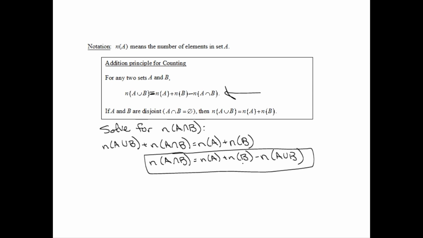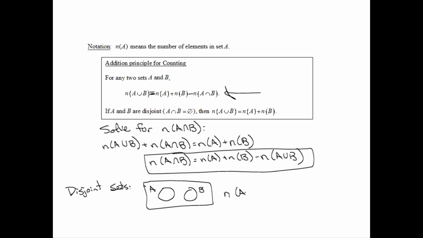Remember, if you have any three of these four quantities, you can use this to solve for the fourth. Also, if A and B are disjoint, meaning they don't overlap, then the number in the union will be obtained just by adding the two of them together. In other words, the number in the intersection will be 0. And if we had disjoint sets, the way we would indicate that on our Venn diagram is by circles that do not overlap, like this.